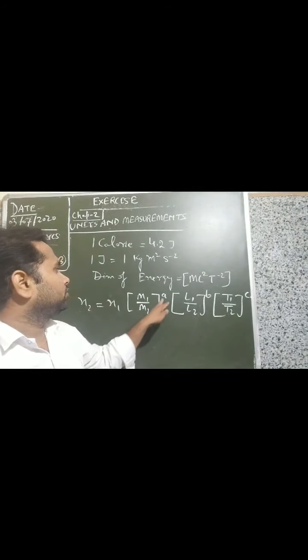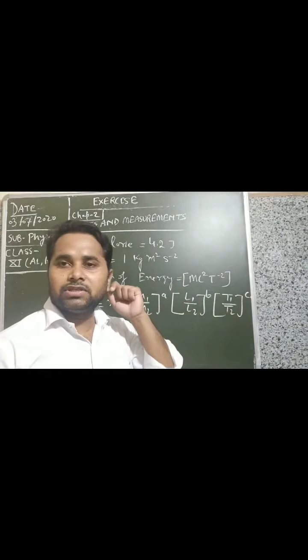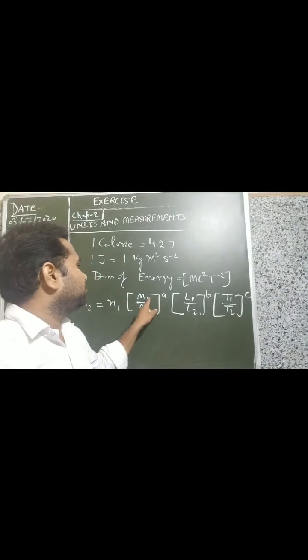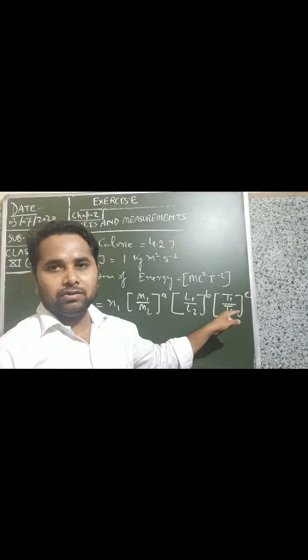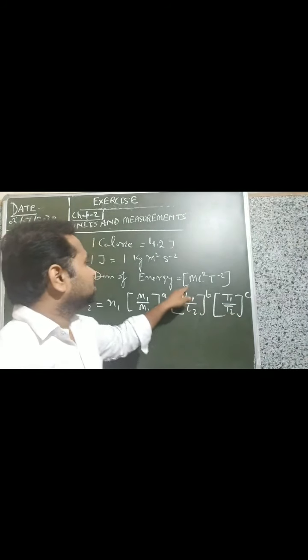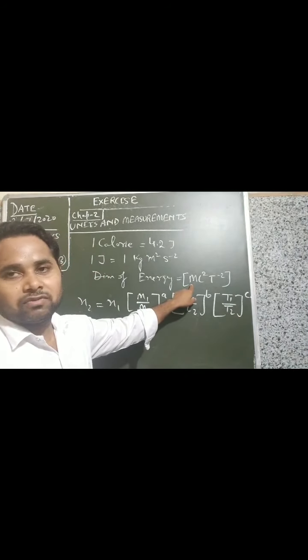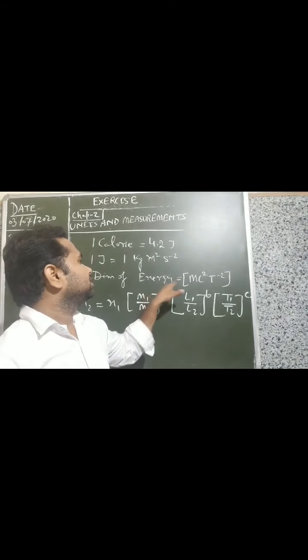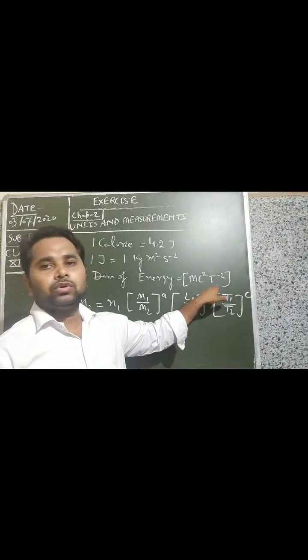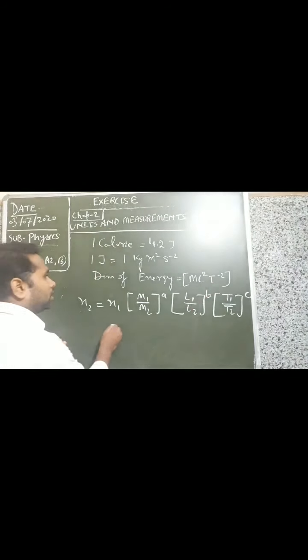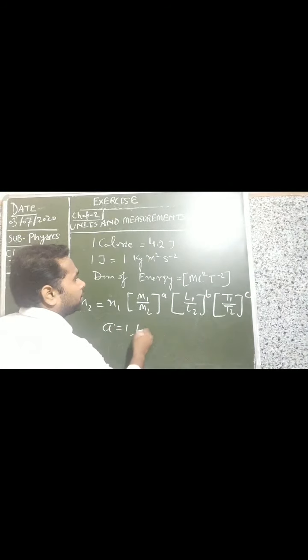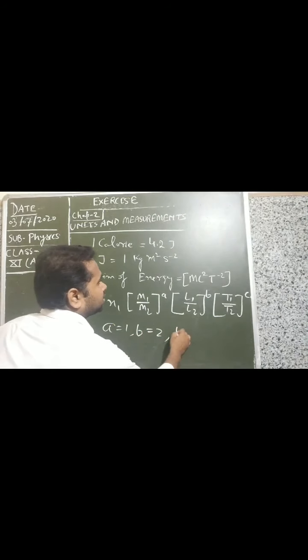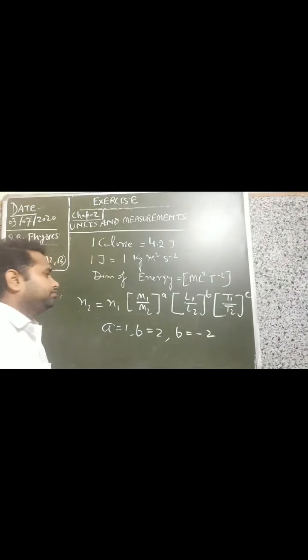So first of all we need a, b, c. a, b, c are the exponents of mass, length and time in the dimensional formula of the physical quantity. The energy dimension is ML²T⁻². So here a equals 1, b equals 2, and c equals minus 2.